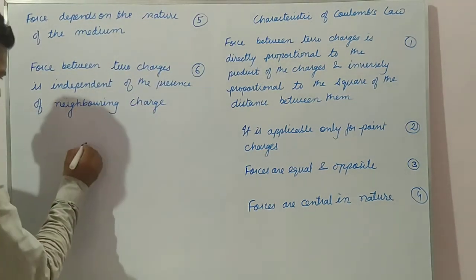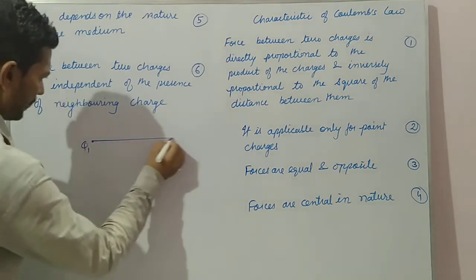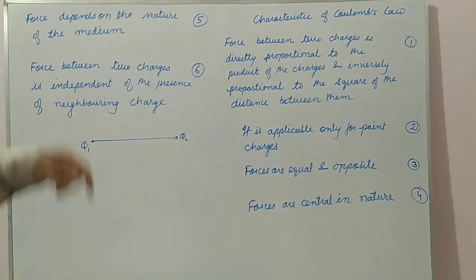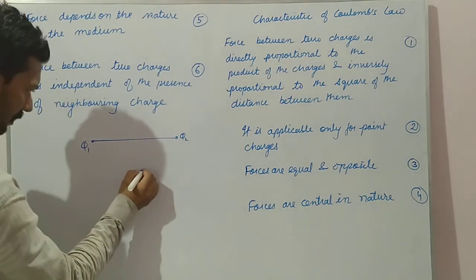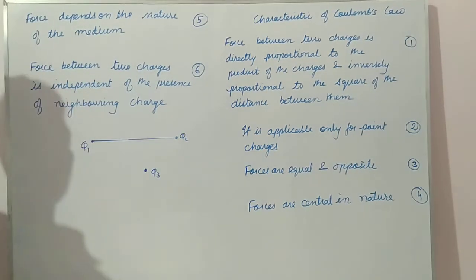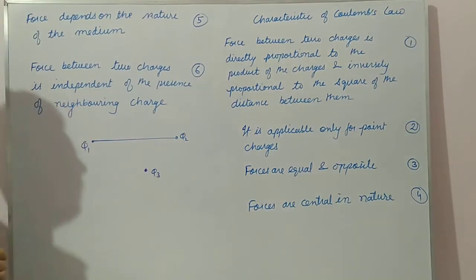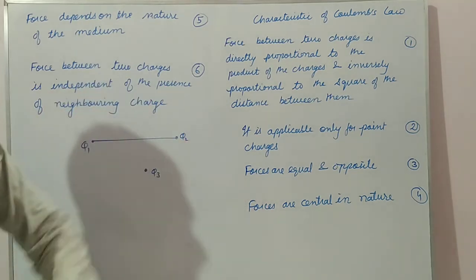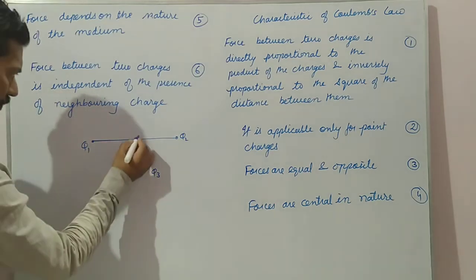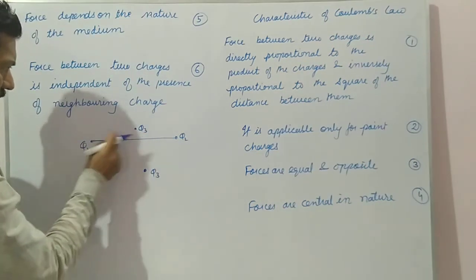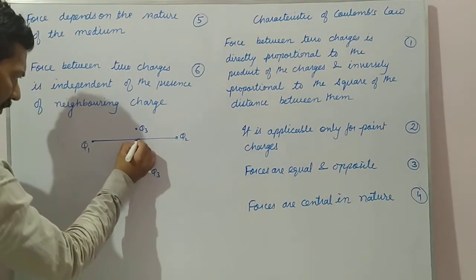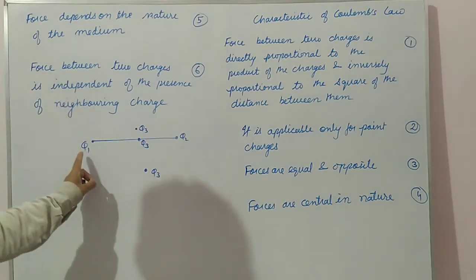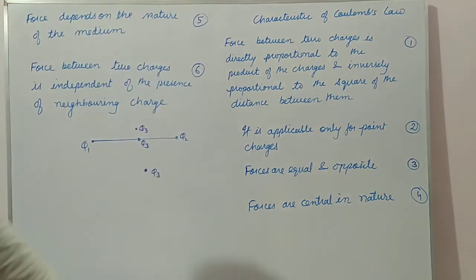This means, suppose there are two charges Q1 and Q2, and nearby one neighboring charge Q3 is there. The presence of Q3 will not affect the attractive or repulsive force between Q1 and Q2. Similarly, if it is moved here, or even kept in between Q1 and Q2, the force between Q1 and Q2 will not be affected due to Q3.